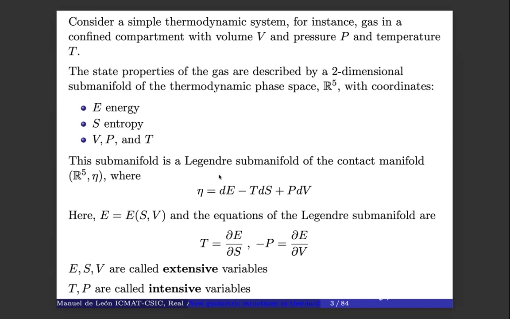The energy, the entropy, and the volume are called the extensive variables, traditionally in thermodynamics, and temperature and pressure are the intensive variables. You construct this contact form on R^5. You can see that the energy, depending on the entropy and the volume, is described by these equations. And this is just a Legendrian submanifold of this contact manifold R^5 with this 1-form eta.